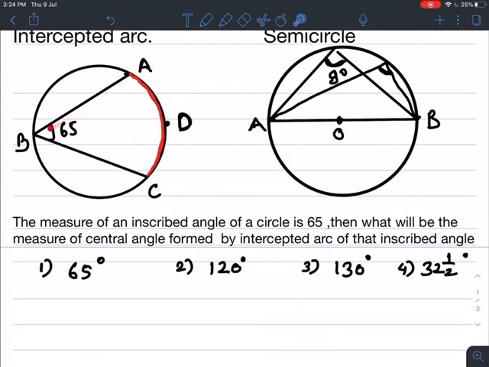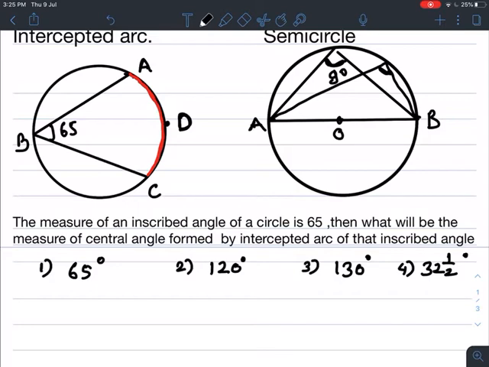So here I have drawn inscribed angle ABC, suppose 65. Then what will be the measure of the central angle formed by the intercepted arc of that inscribed angle? Now you see, this is the inscribed angle, this is the intercepted arc, and we have to find the measure of the central angle by the intercepted arc of the inscribed angle.